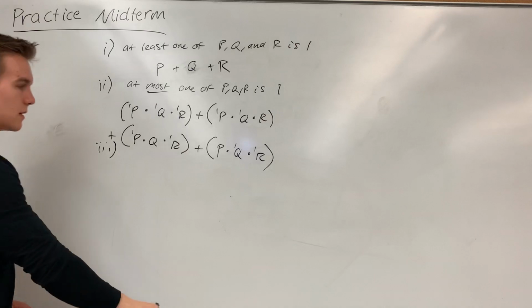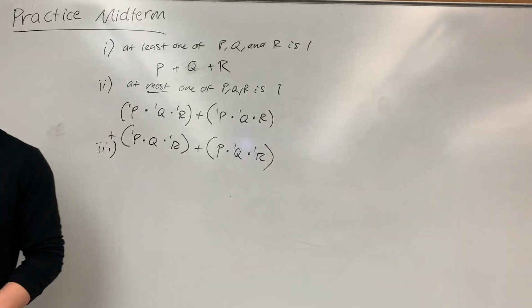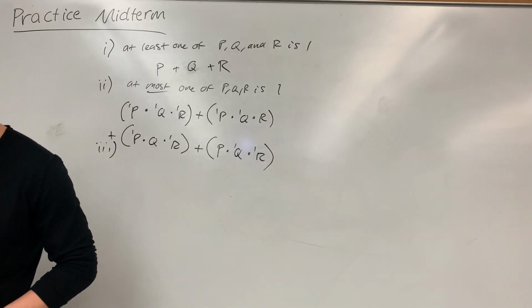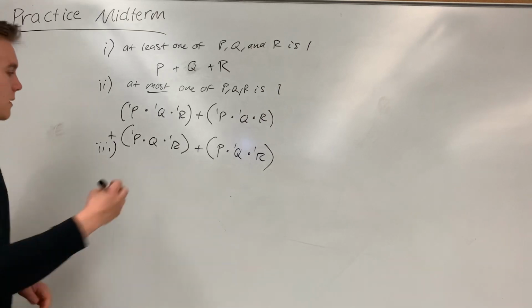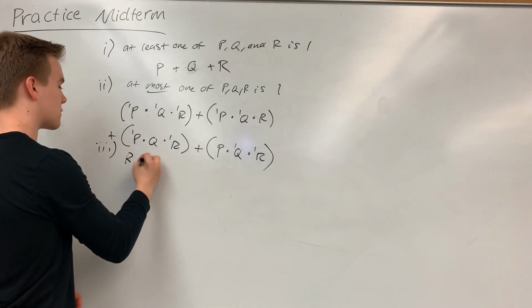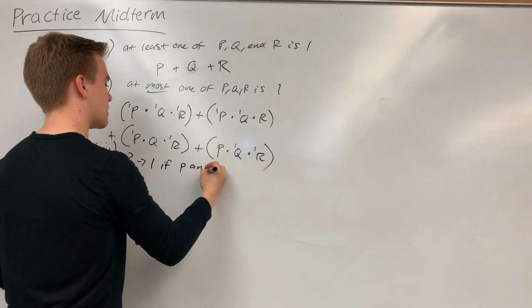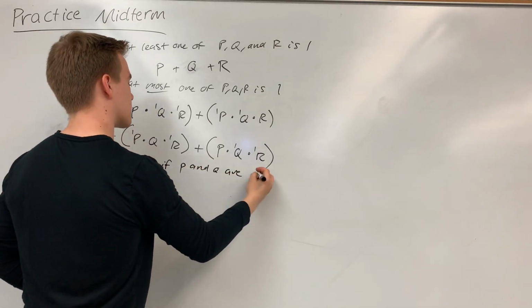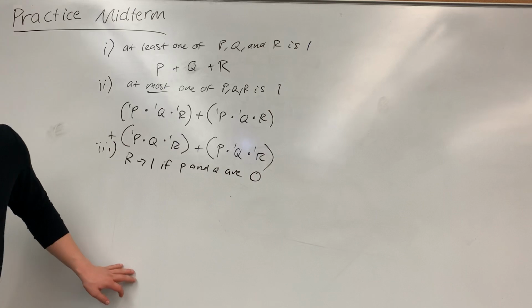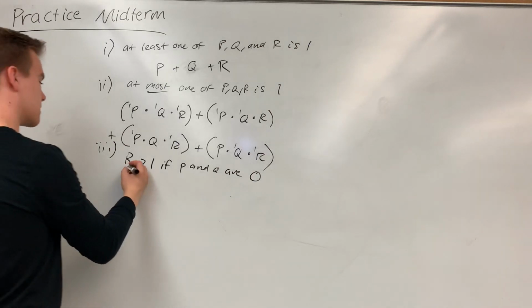I'll try to just put it lower. R is 1 if P and Q are both 0. So R is 1 if P and Q are 0. And then R is 0 otherwise.